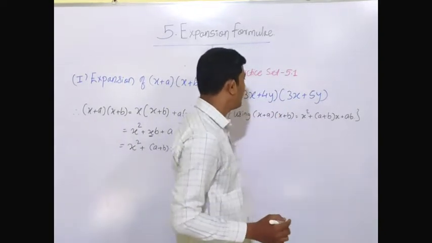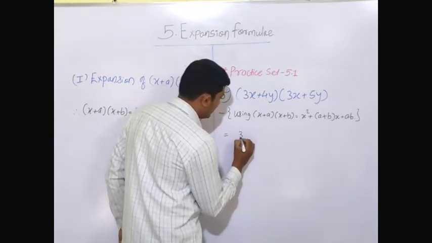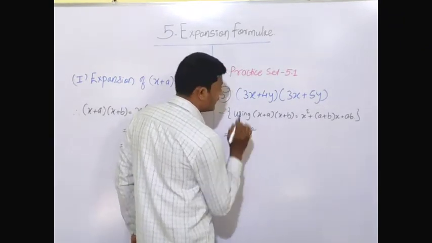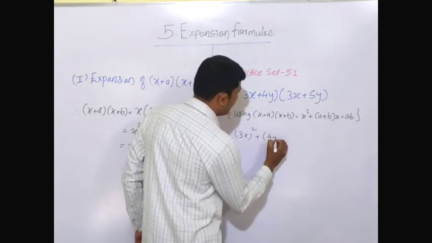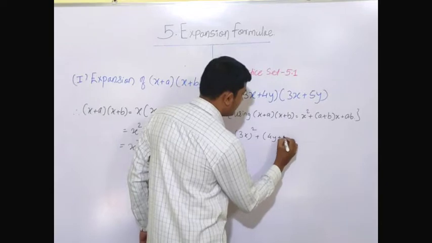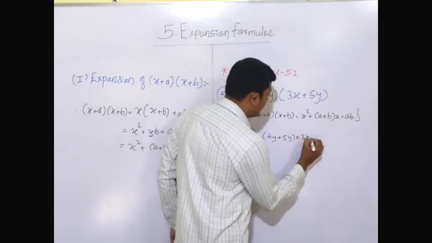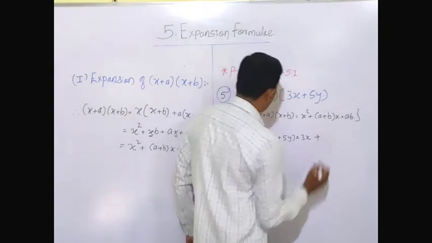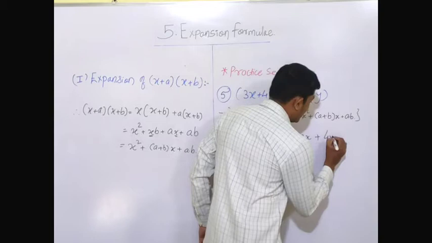What is the value of b? 5y. So x square, that is (3x) square, plus (a plus b), that is 4y plus 5y, into x, that is into 3x, plus a into b, that is 4y into 5y.